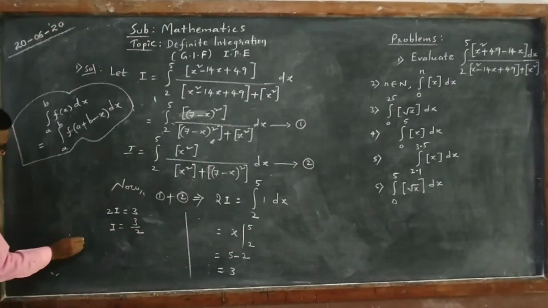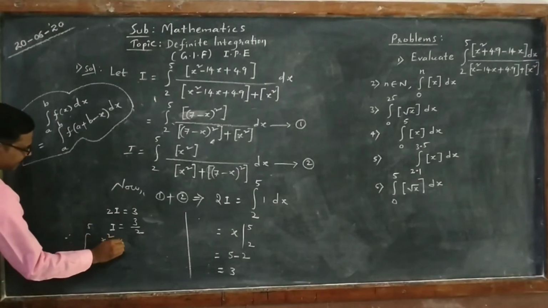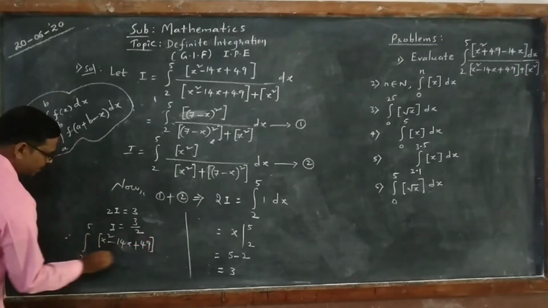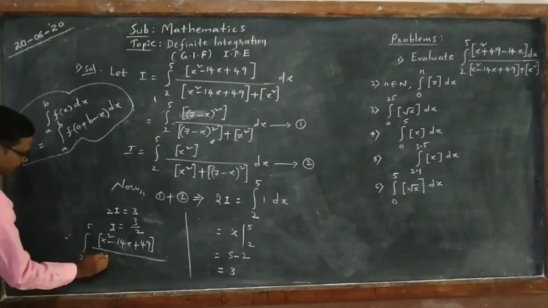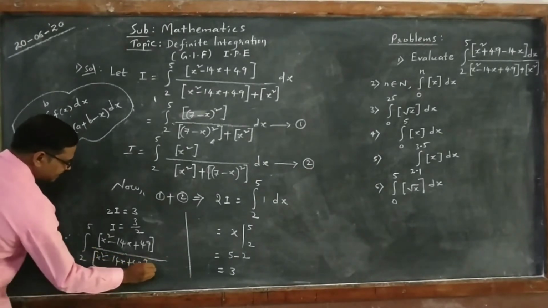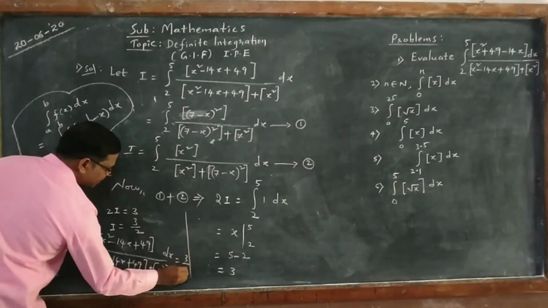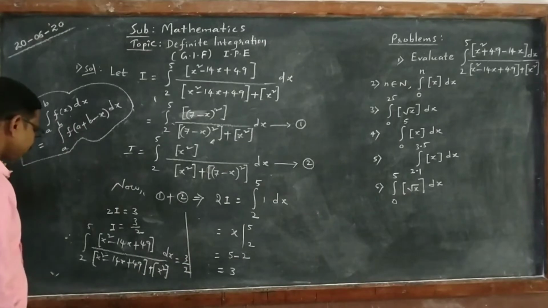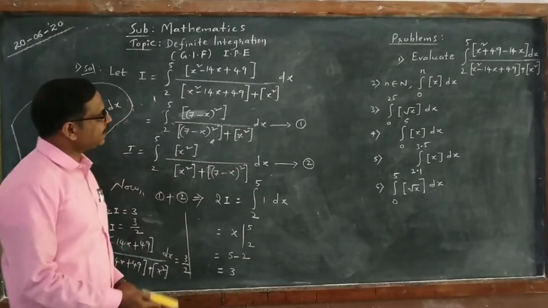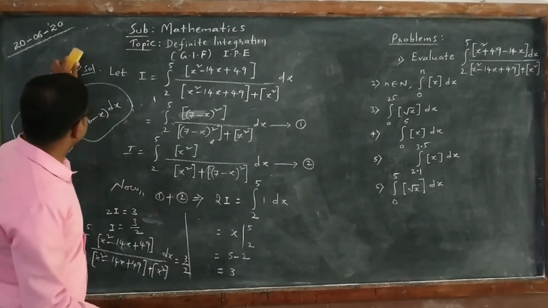So the integral from 2 to 5 of the given expression dx is equal to 3 by 2. Okay? So the answer is 3 by 2. Clear?